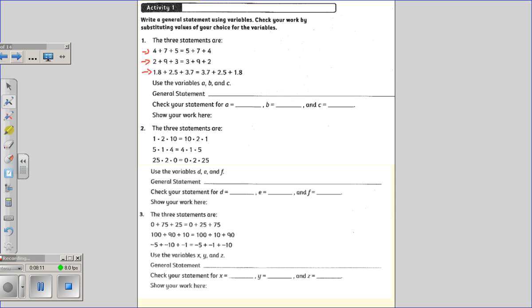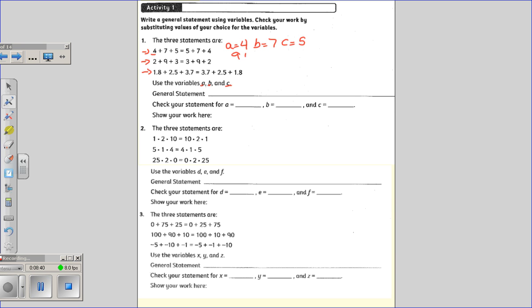The easiest thing to do is to assign value to each digit. So let's look at 4. I need to use A, B, and C because that's what my instructions say. So I'm going to go ahead and say A equals 4. B, I'm going to assign the value of 7. And C, I'm going to assign the value of 5. Now I'm going to rewrite this first statement using the ABC format.